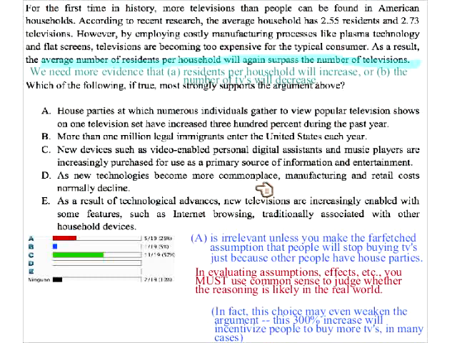B, more than 1 million legal immigrants enter the U.S. each year. The problem with this is that the passage talks about residents per household and not total residents.